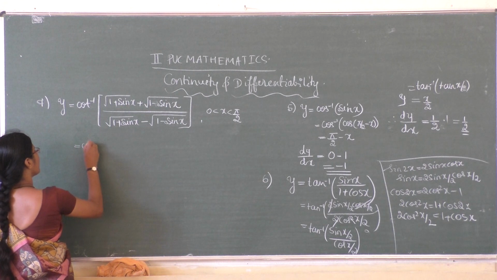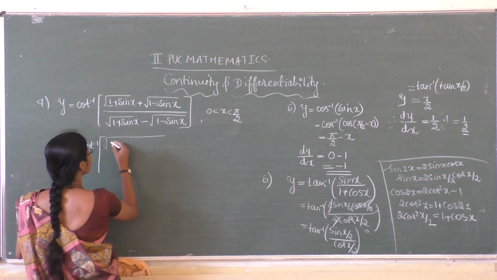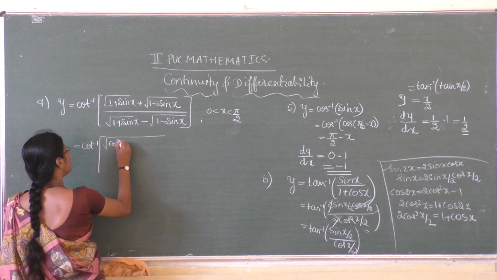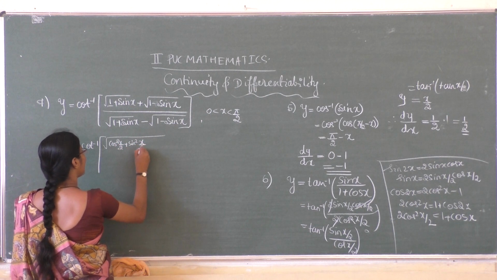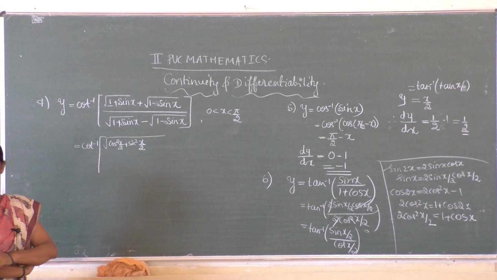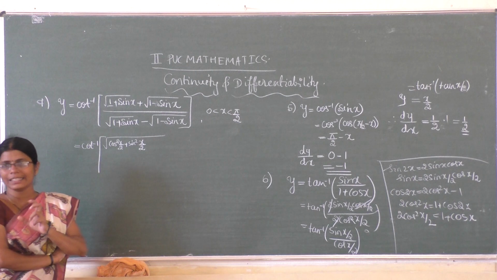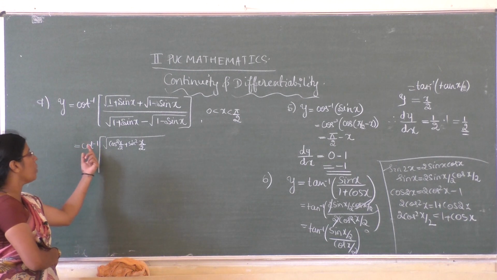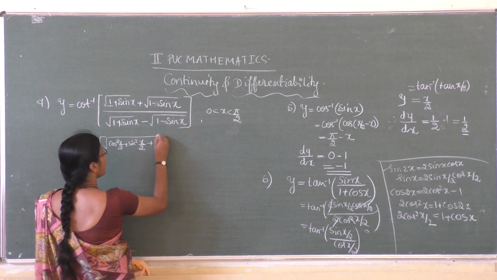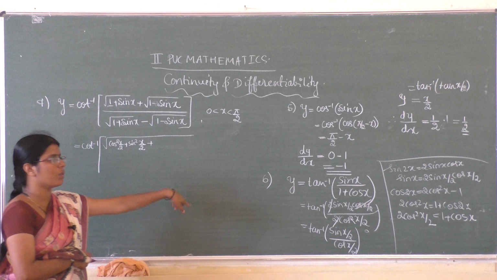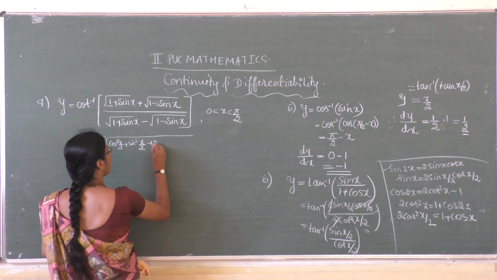So for simplification, inside cot inverse, this 1 can be written as cos square x by 2 plus sin square x by 2, because we know that 1 equals sin square x plus cos square x, where x is any angle you can consider. So here cos square x by 2 plus sin square x by 2 plus sin x. As in the previous problem, sin x is equal to 2 sin x by 2 into cos x by 2.